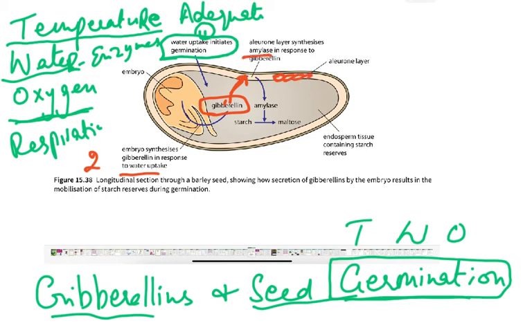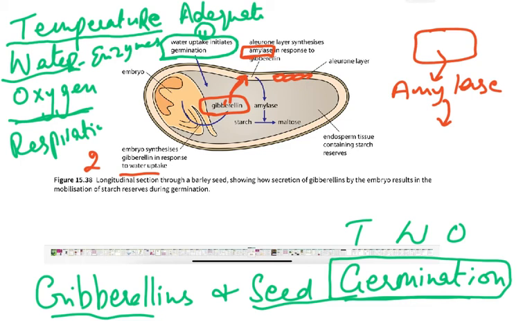It results in transcription of amylase. So the cells in the aleurone layer are going to produce amylase. This amylase is normally not produced, but when germination starts, it starts to produce amylase. Now this amylase then diffuses into the endosperm.